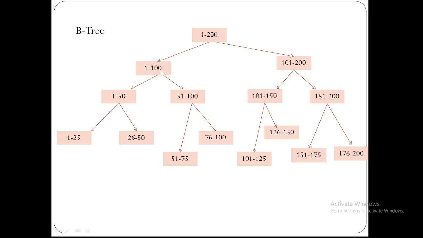It is divided into two parts, like one is a leaf node. If you want to search for 1 to 100, then you go to the left side leaf, and if the value is greater than the partition, the half of it, then it will go to the right side. We are looking for 143.